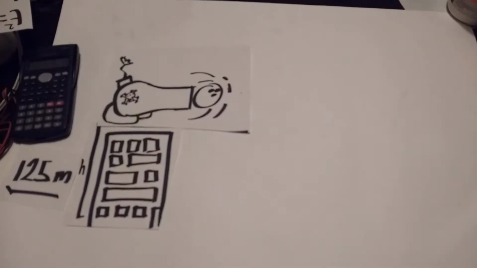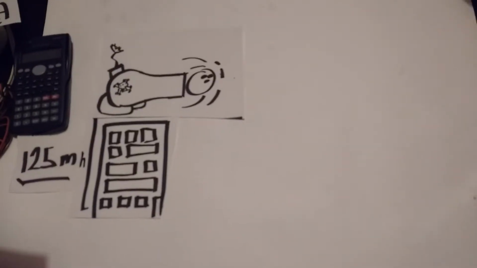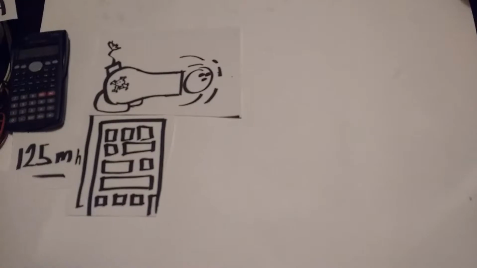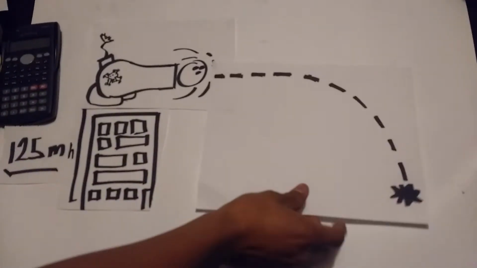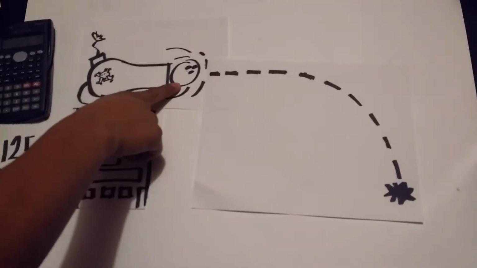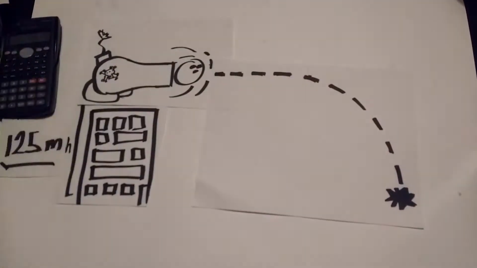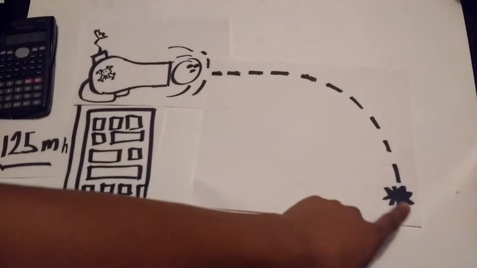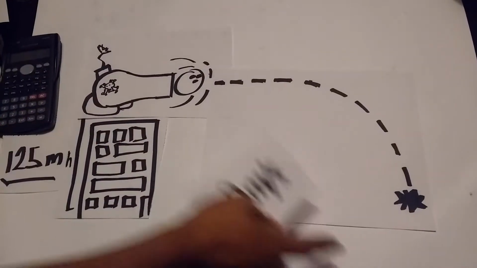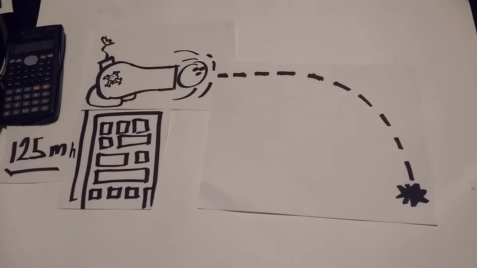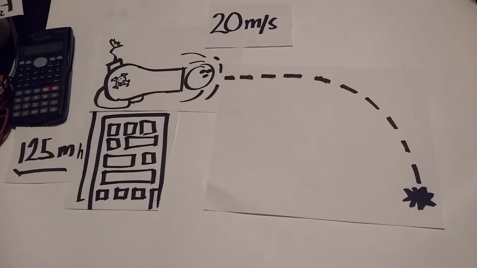And a cannonball gets fired. Imagine this is the cannonball, and it's fired horizontally, obviously, and crashes here. The initial velocity of the ball is 20 meters per second.